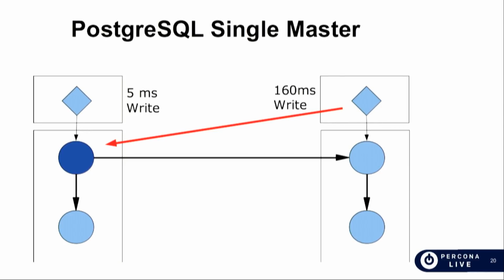So we might expect something like 5 milliseconds for a write on an internal region query, whereas a cross-region query is going to take significantly higher time. Now, I'm not saying that writes on Postgres take 5 milliseconds. I'm suggesting that the total round trip might be 5 milliseconds.